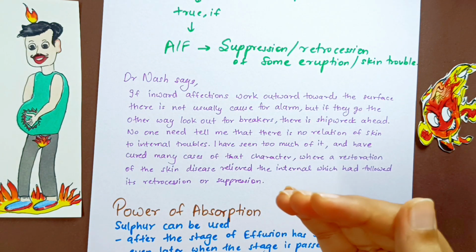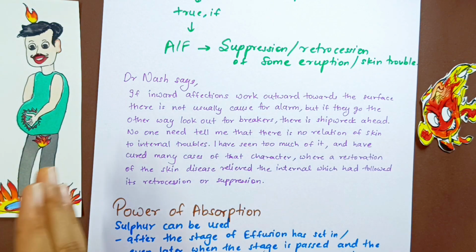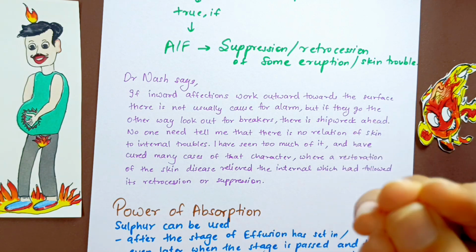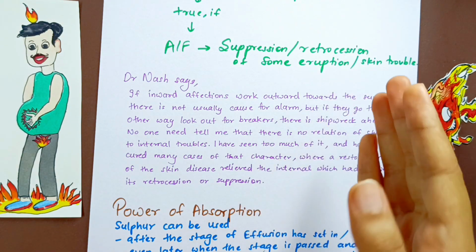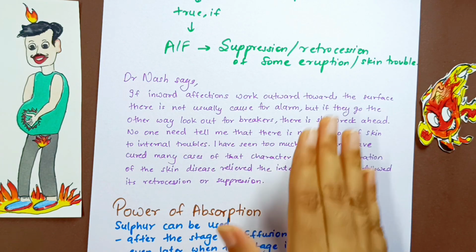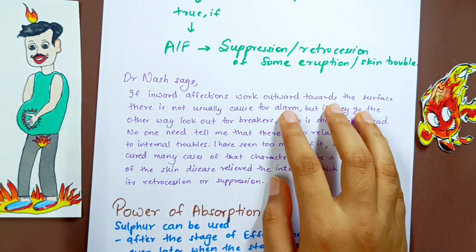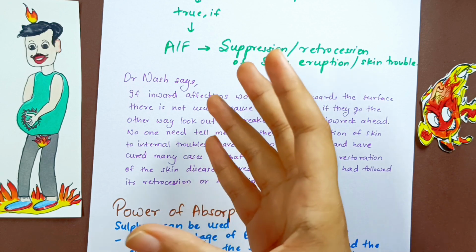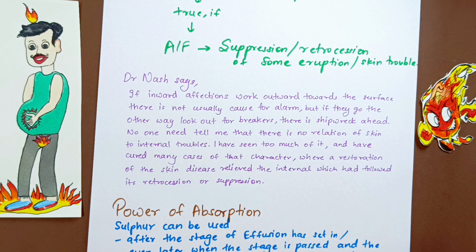It tries to affect the less important organ and not the more important organ, because the only function of creating a disease that your vital force has is to tell you that there is some problem inside, so that you correct it. So if it happens this way, there is no cause for alarm, because it is actually helping you. Earlier the disease was in the vital organs, but now it's on the less important organs, so that is good news.